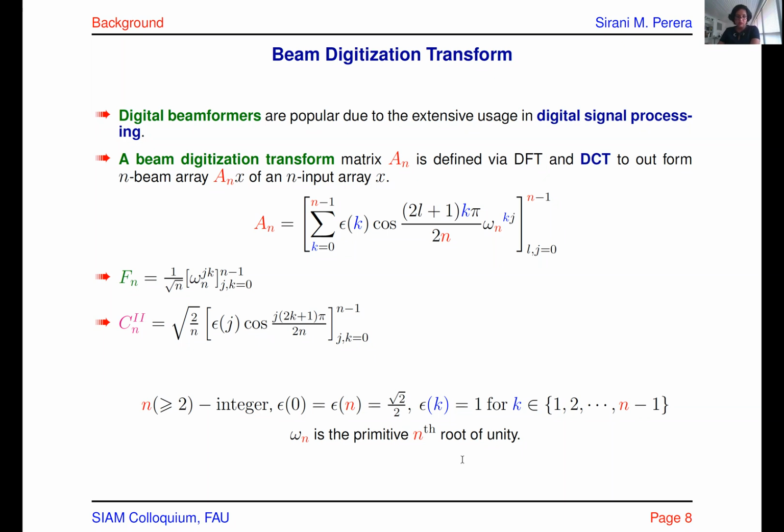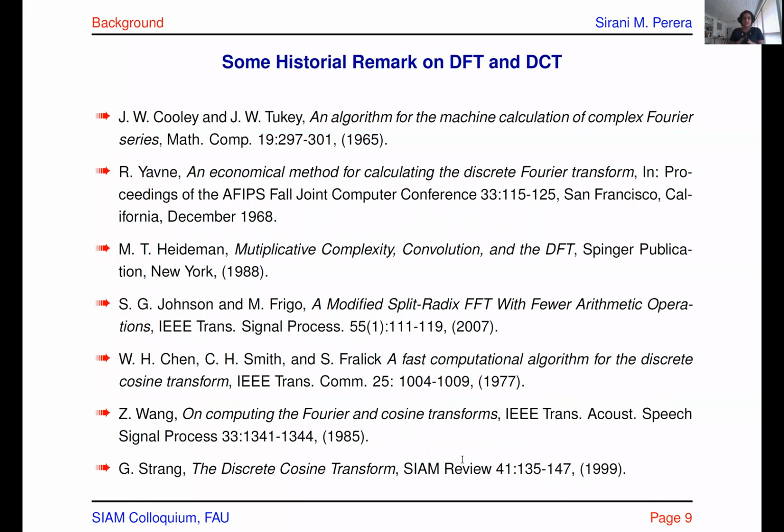Okay, so before going into the sparse factorization, let's look at some historical remarks. FFT, fast Fourier transform, is the algorithm that's used to compute the discrete Fourier transform and its inverse efficiently. The inverse of the discrete Fourier transform is the conjugate transpose, because of the beauty in that matrix, right?